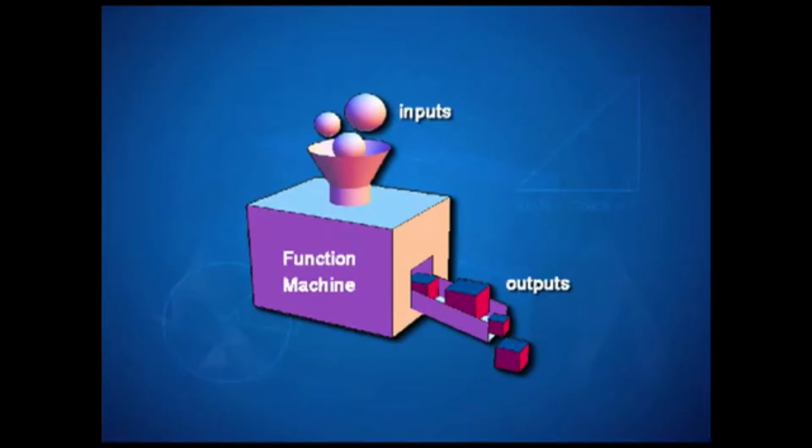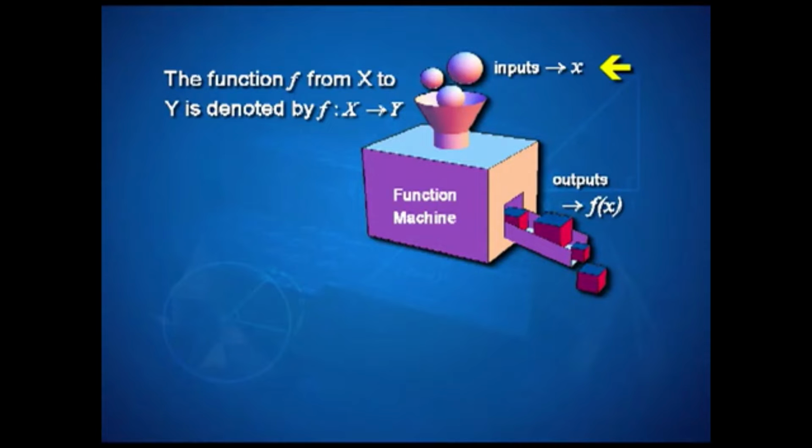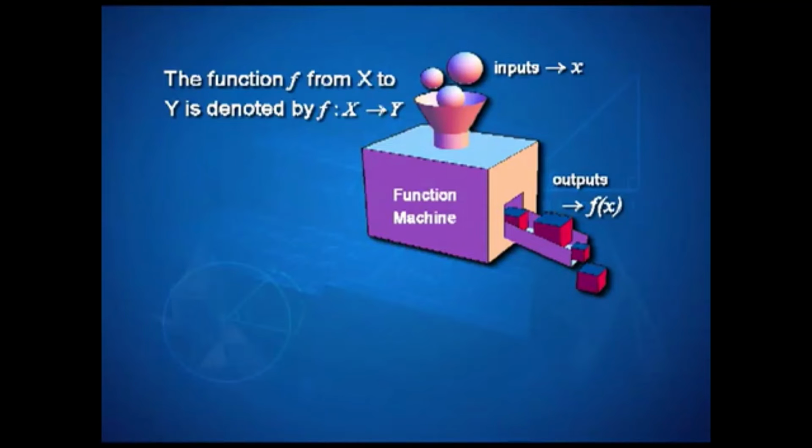So, in this figure you can see some spheres being dropped and the machine processes them and churns out cubes of related sizes. In the language of our functions, we can also call these inputs the variable x, and the function machine, if it represents say the function f, then it throws out quantities which we write as f of x.